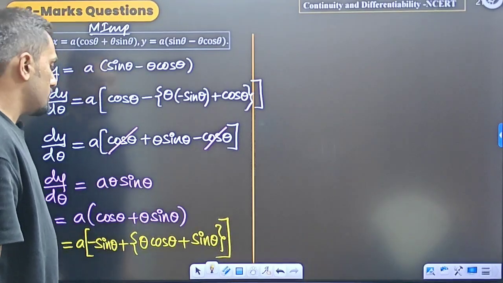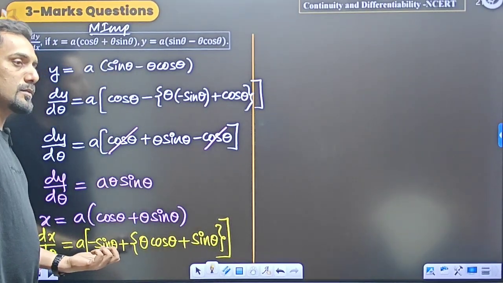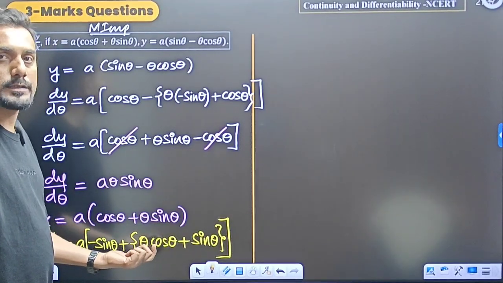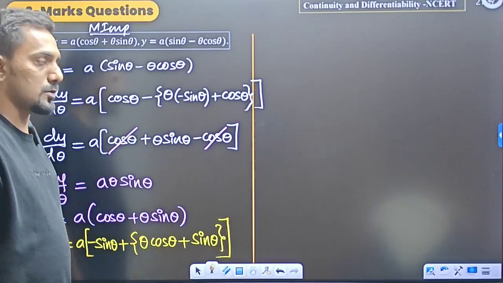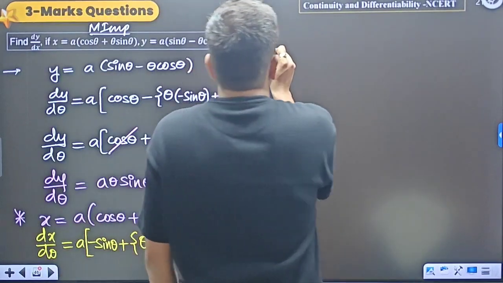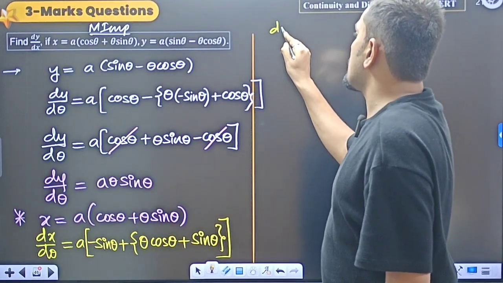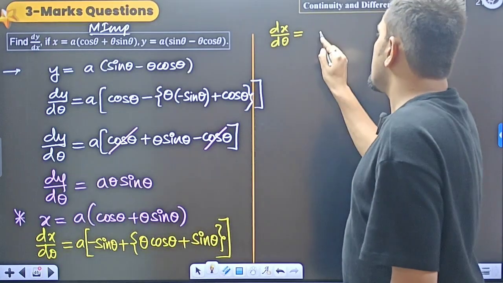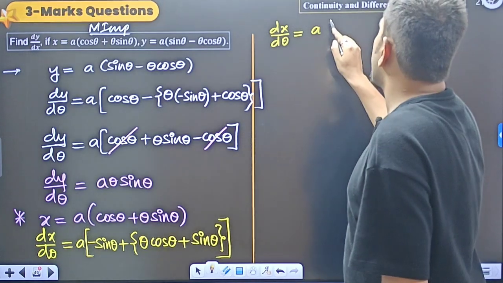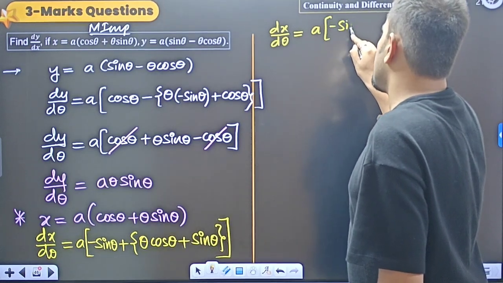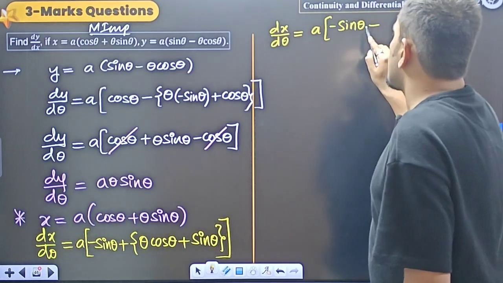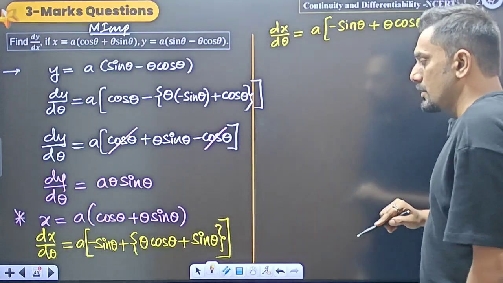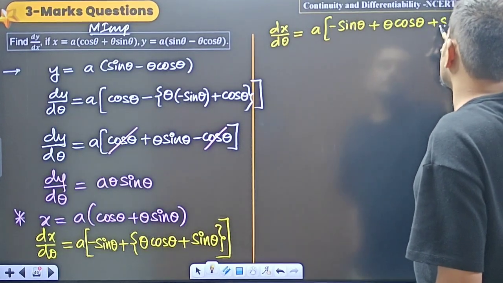When we do mathematics simplification, using appropriate brackets also plays a most important role. Then dx by d theta becomes what? dx by d theta is equal to a into minus sin theta, then plus theta cos theta, then plus sin theta.